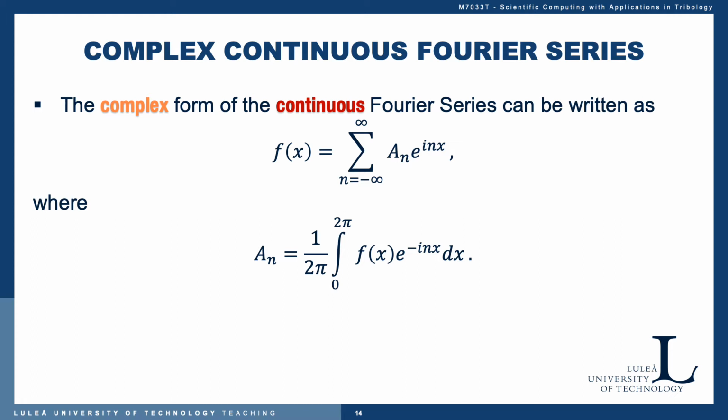And here we will prove later on that An is just the integral of 1 over 2 pi, 0 to 2 pi, of the function times e to the power minus i n x. Sorry.